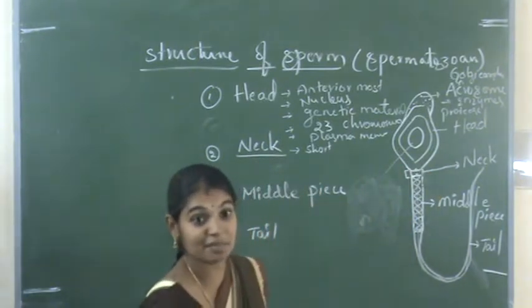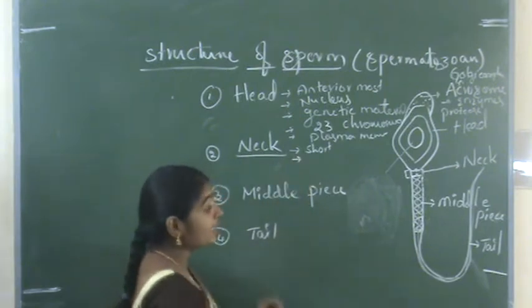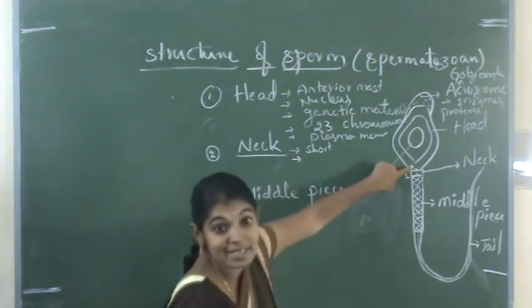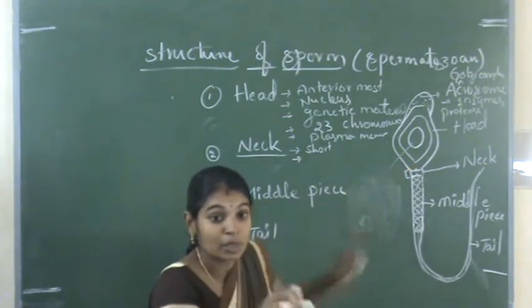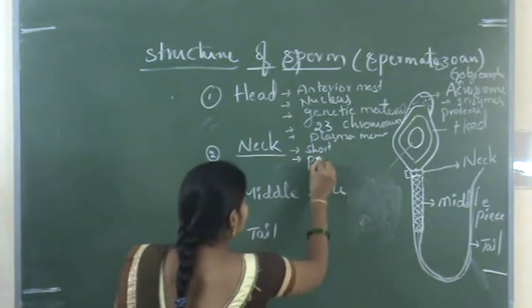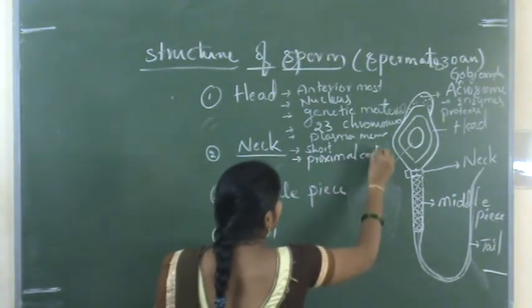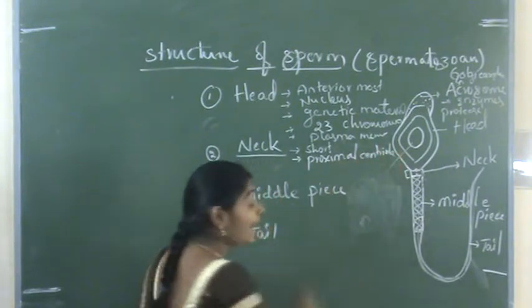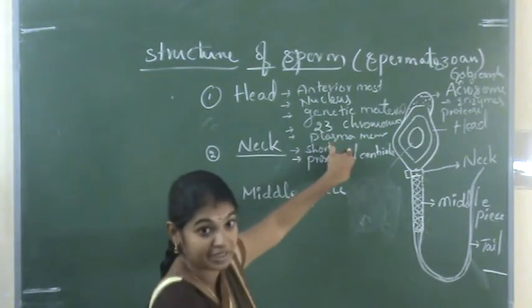One is the proximal centriole, towards the head, and it is the larger centriole.